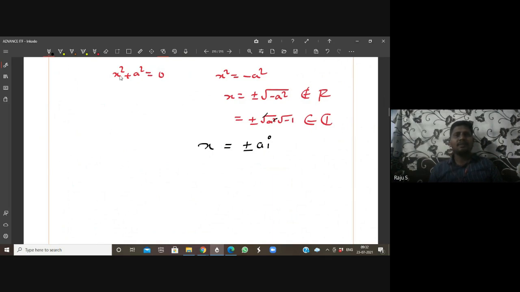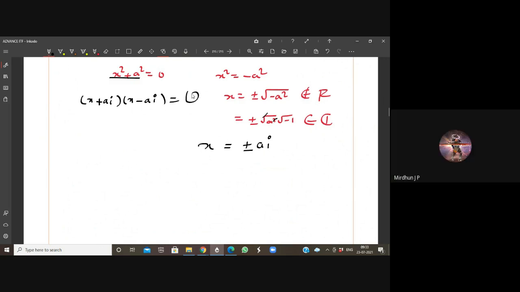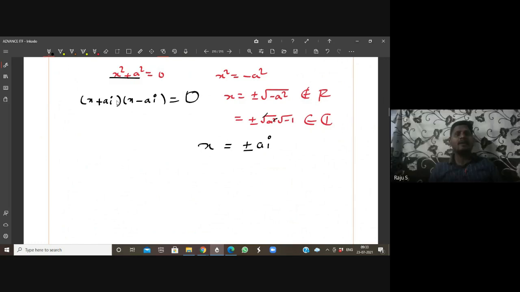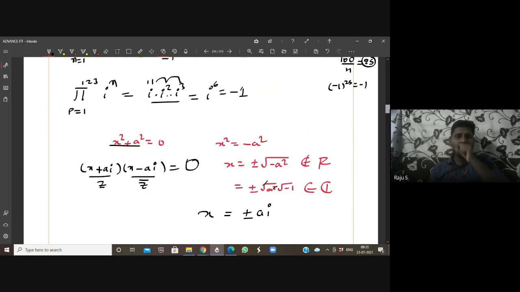When I take the left side, this can also be written simply as (x plus a iota) into (x minus a iota) is equal to 0. Sir, both are conjugates of each other. Yeah, conjugate to each other. If you consider this is z, this is z conjugate. The conjugate concept and the modulus of z, these two are very important: the conjugate of a complex number and the modulus of a complex number.